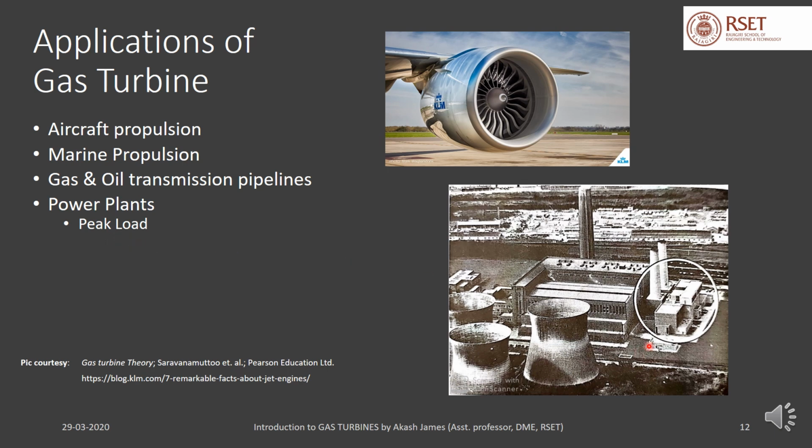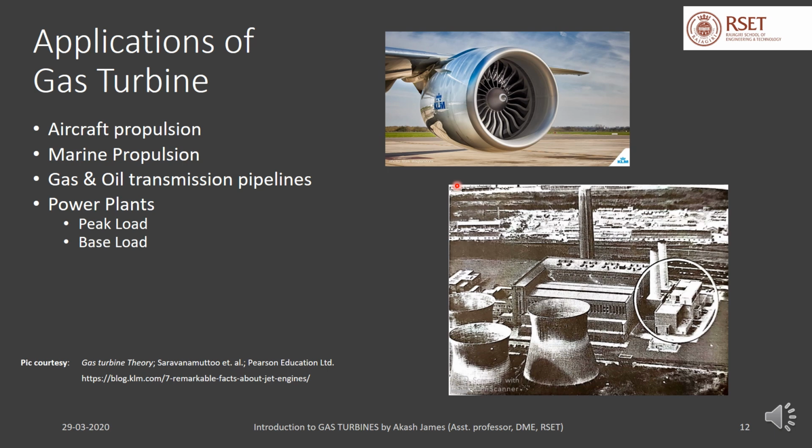Because a gas turbine power plant can quickly adapt to load changes compared with a steam turbine power plant. So typically a steam turbine power plant is used as a base load power plant, where it supplies a constant load at higher efficiency, and when there is a peak requirement of load, the gas turbine power plant steps in.